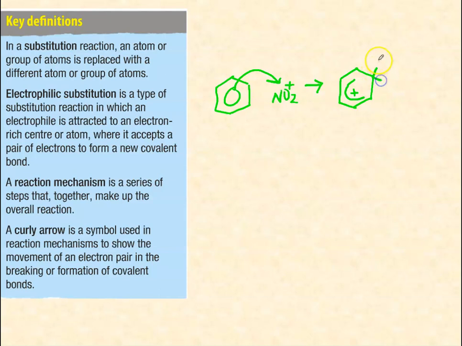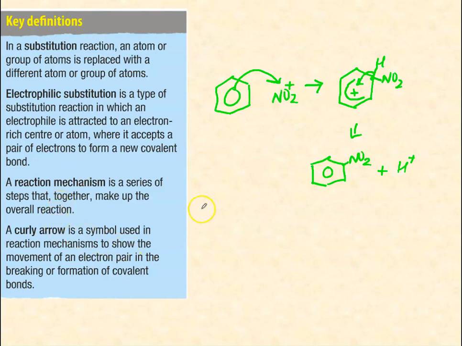Because it's a substitution reaction, the electrophile will replace the hydrogen. So please note the bond between carbon and hydrogen will break, so the arrow goes into the ring. That generates NO2 on the ring and H+. That's your mechanism. Simple as that.